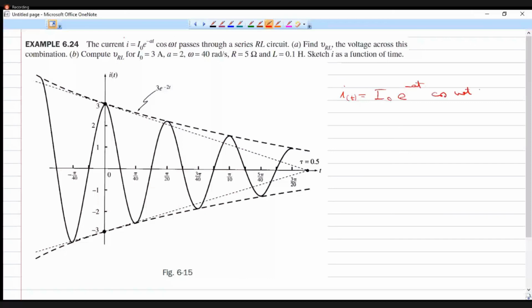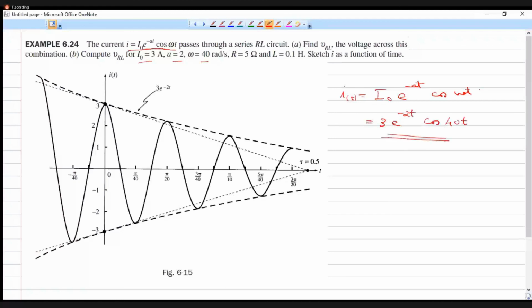So that is given here. Then you substitute the value for I naught, A as well as omega. Then you will get this equal to 3 e power minus 2t cos 40t.